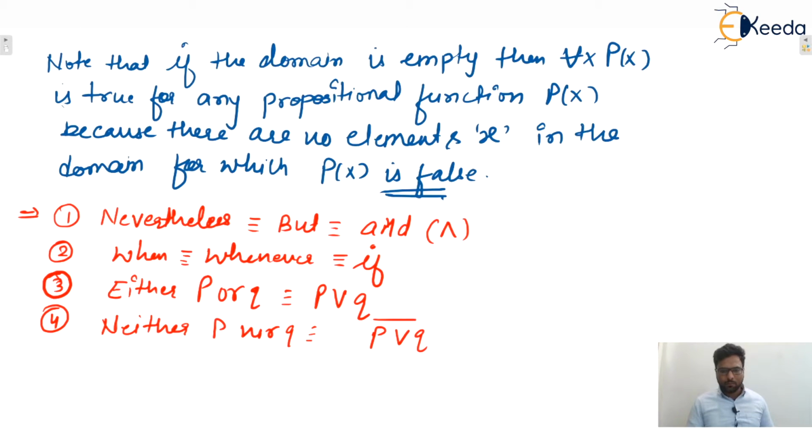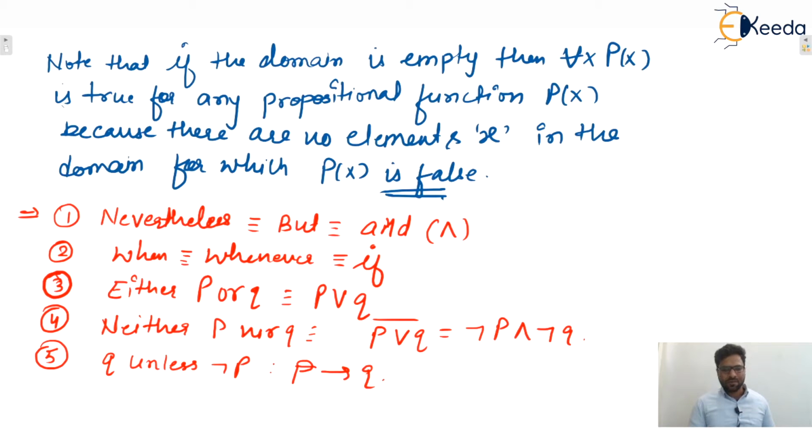This one, and its complement, using De Morgan's law, is negation P and negation Q. Fifth one: in the first or second lecture, I told you the meaning of Q unless negation P, which is P implies Q. That means whenever it is written, let's say, P unless negation Q, then the meaning is what?